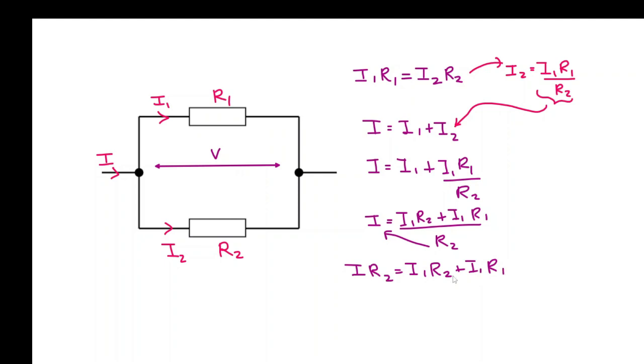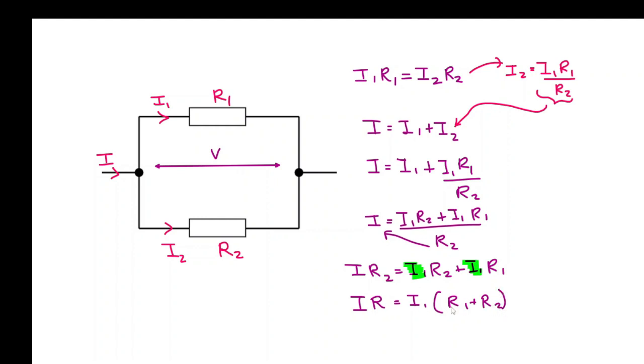Now you can clearly see I can factorize I1 on the right hand side. This I1 and here's I1. So let's do the factorization. I R2 is equal to I1 times R2 plus R1. I'm going to switch it, it doesn't really matter, R1 plus R2 and R2 plus R1, they are the same.